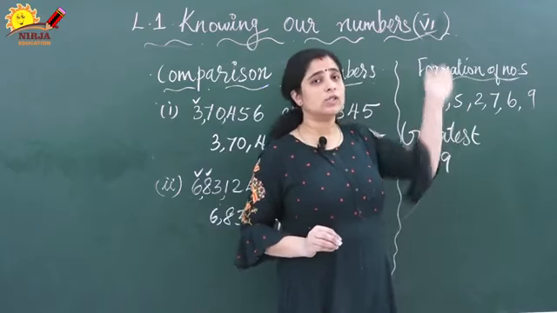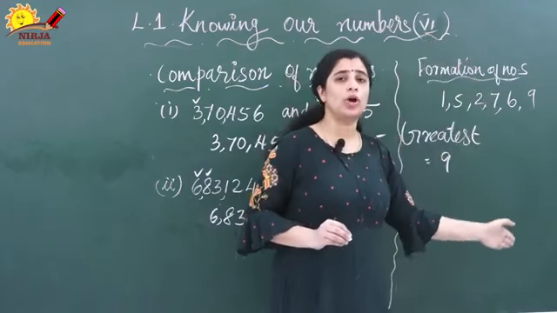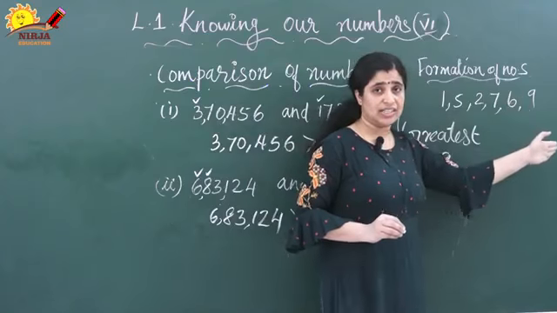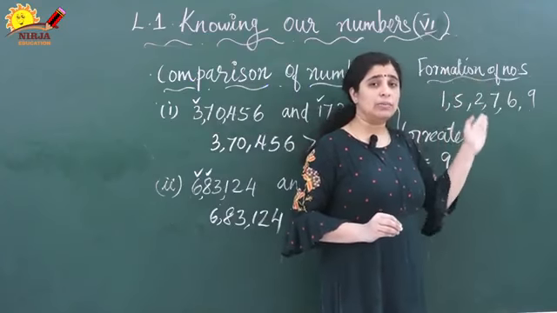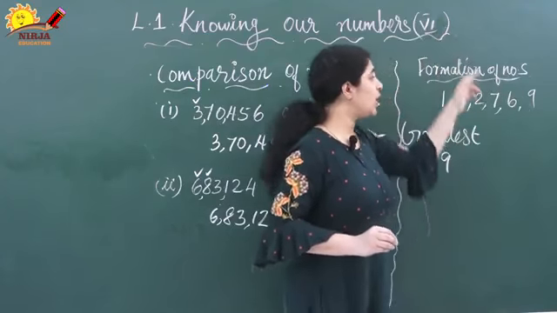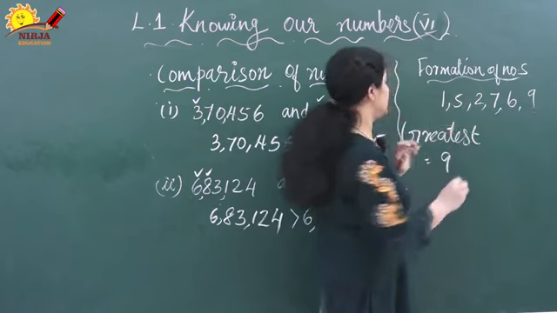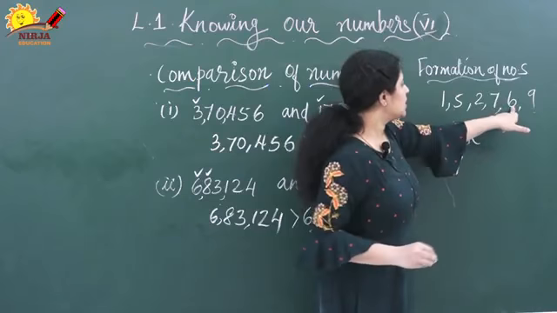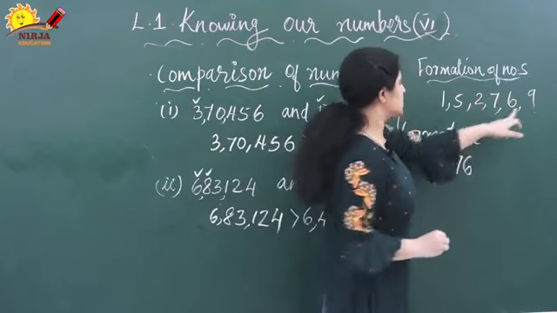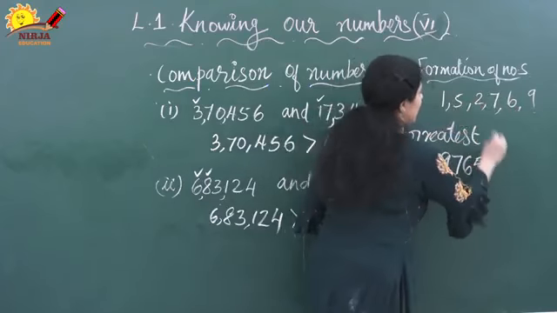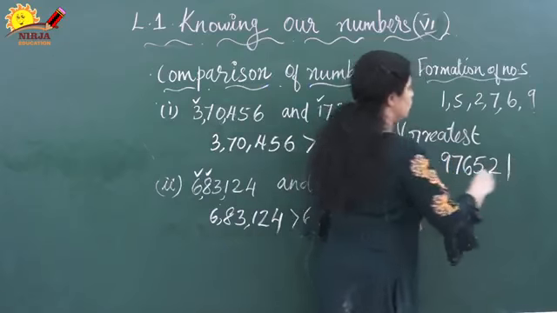Descending order means from bigger to smaller. The first one is 9. Then which number will come? Yes, 7, then 6, then 5, 2, 1.